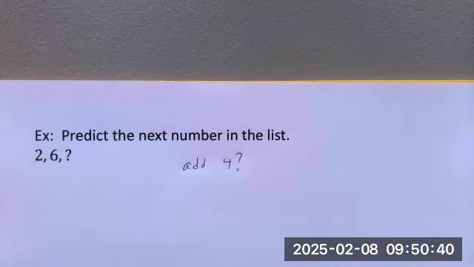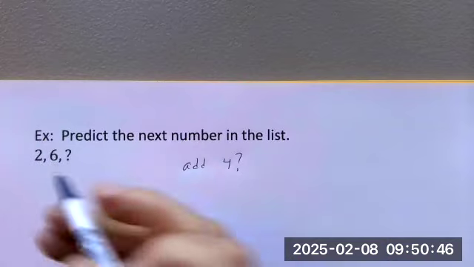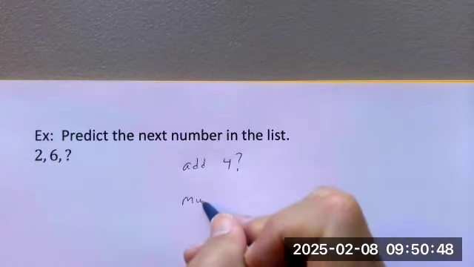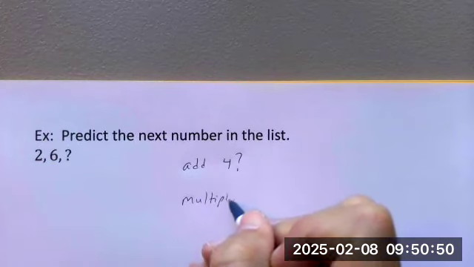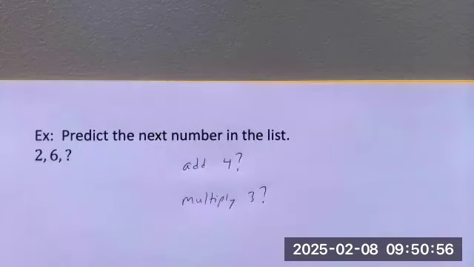Some other people may say maybe 18 should come next, because 2 times 3 is 6 and 6 times 3 is 18. Maybe we're multiplying by 3. It's very hard to say. We just don't have much to go on, right?